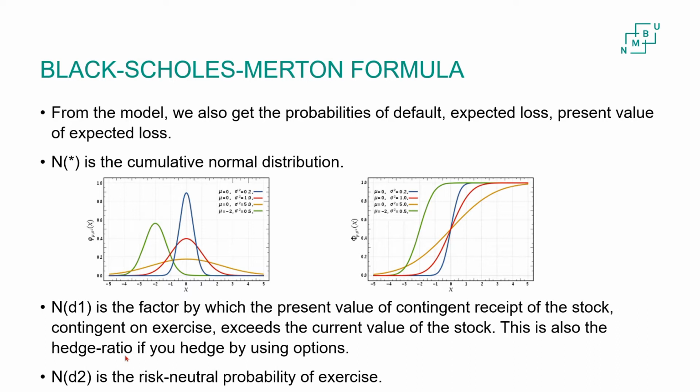What you can say about N(D1) is that it's the present value of the receipt of the stock, or the asset, given that the value of the asset exceeds the future value, or the face value, of the debt.